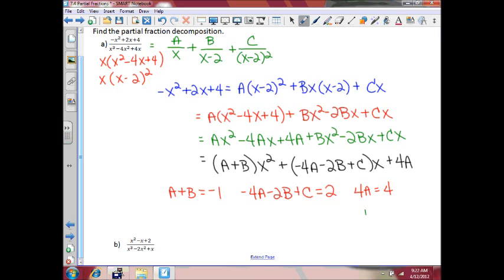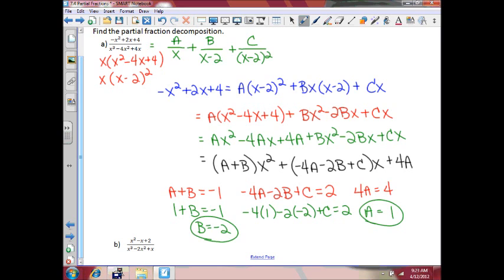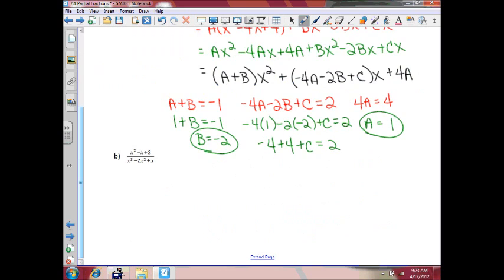So you can see from that last equation that A is equal to 1. That means 1 plus B is equal to negative 1, which means B is equal to negative 2. And since you have that, negative 4 times 1 minus 2 times negative 2 plus C is equal to 2. Negative 4 plus 4 plus C is equal to 2, which means C is equal to 2.